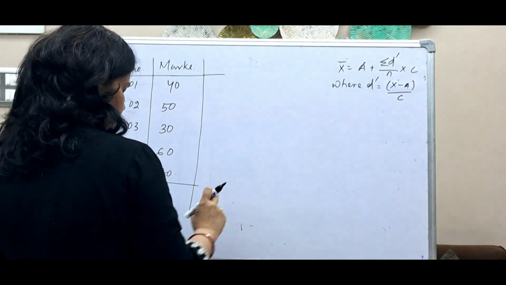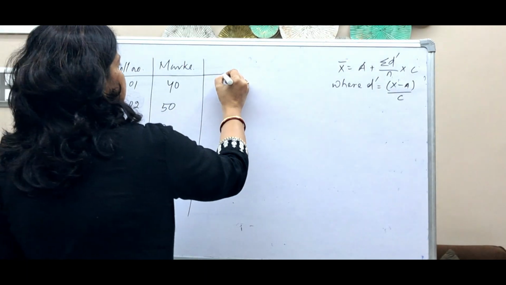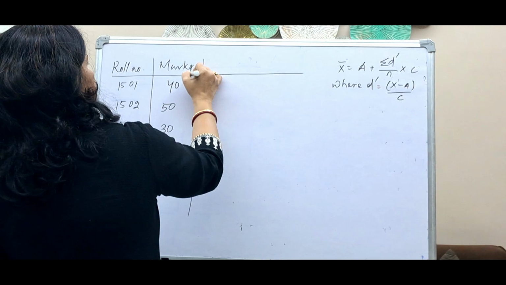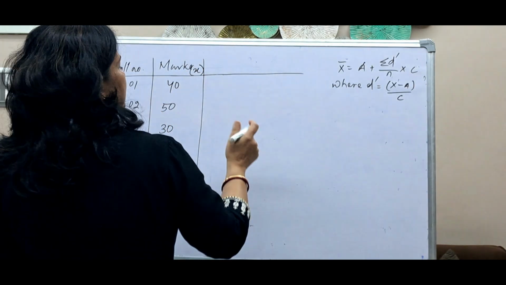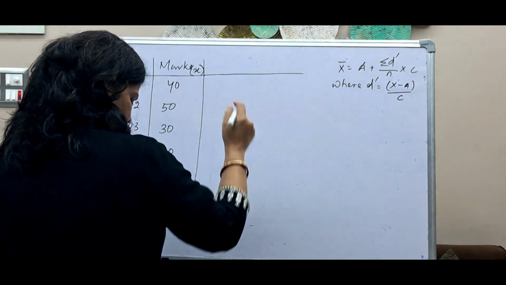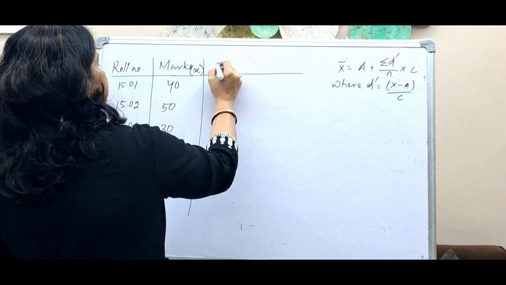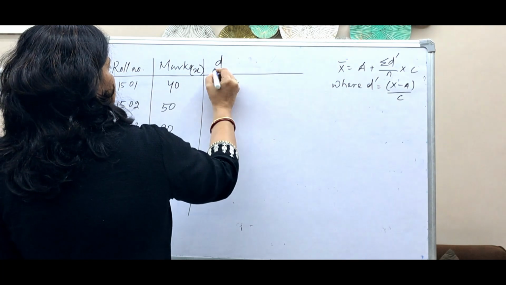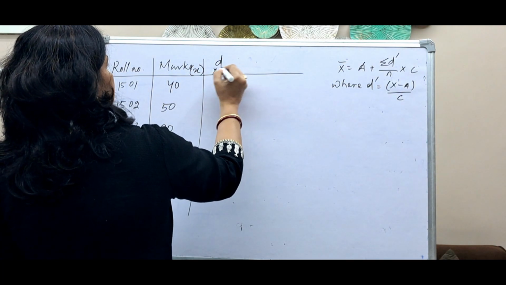So to find the mean, what do we need to find? First we need to find, suppose this is x, x minus a, that is d.